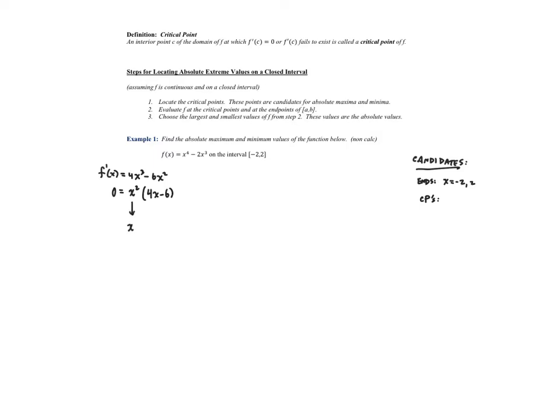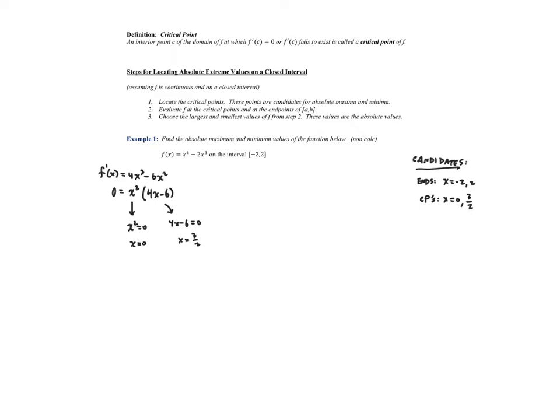Well, it would equal 0 where x squared equals 0, which is where x equals 0, or where 4x minus 6 equals 0, which would be x equals 3/2. So my critical points are at x equals 0 and x equals 3/2.